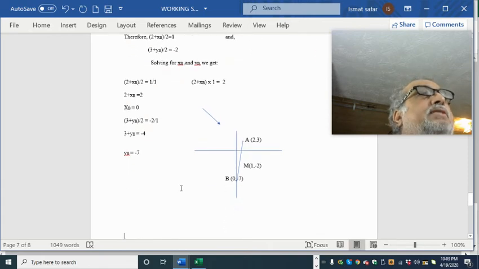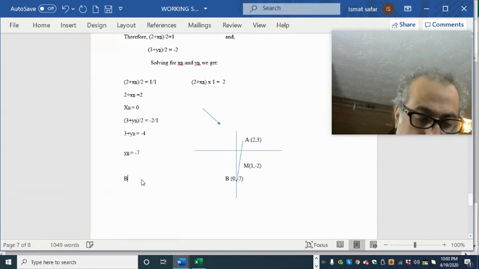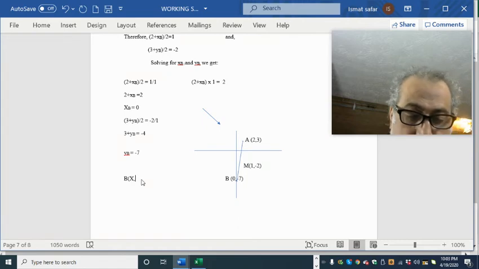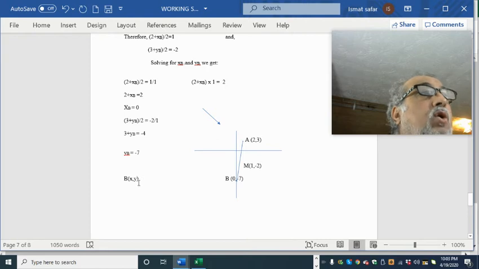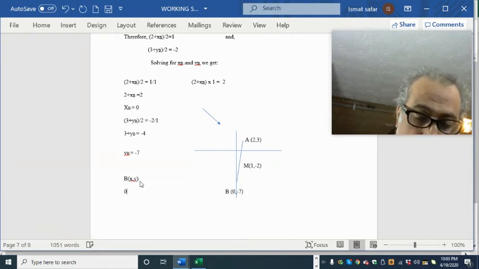So the coordinates for B are x, y, right? X here and y here. After we solved it, it turned out to be 0, negative 7.